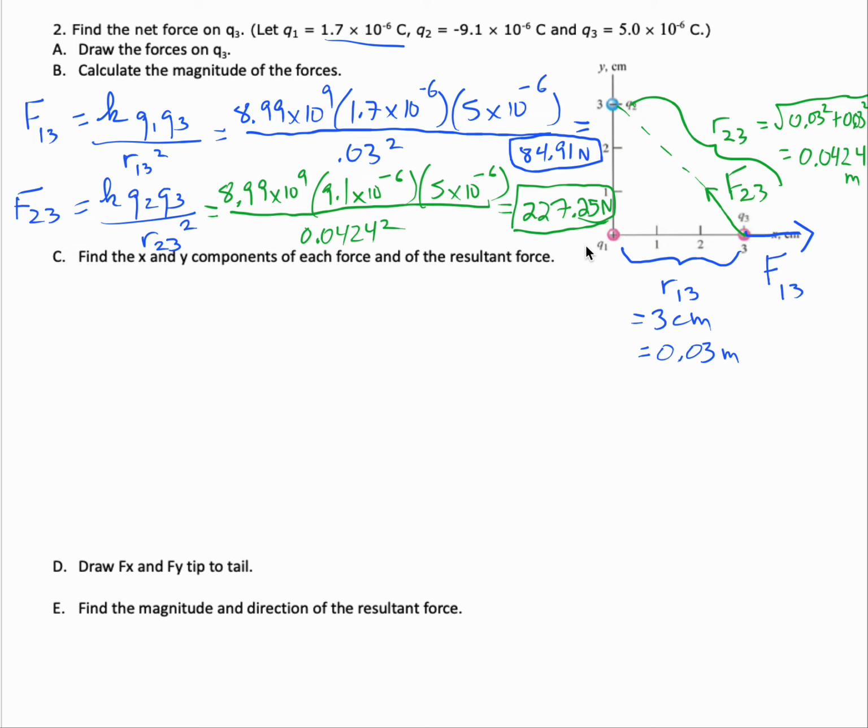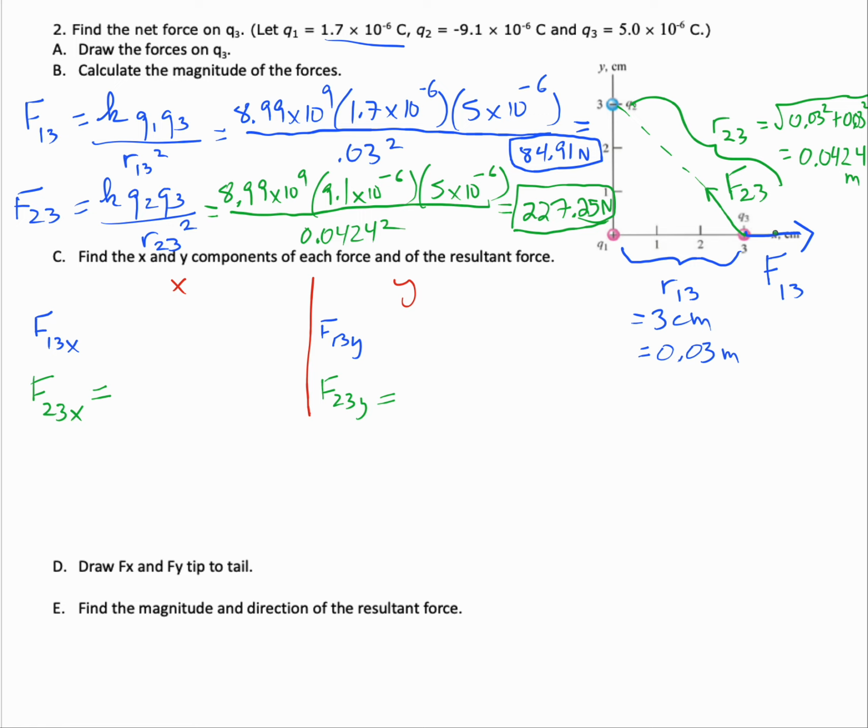Now we need to find the x and y components of each force, and then of the resultant force. So what I like to do is create a little table to show the x and y components. And I like to write out each one. So F13x, F13y, we're writing down the x and y components of F13, and then we'll do the same for F23x and F23y.